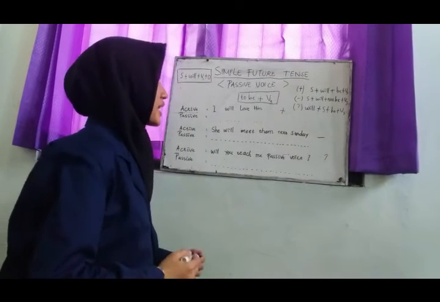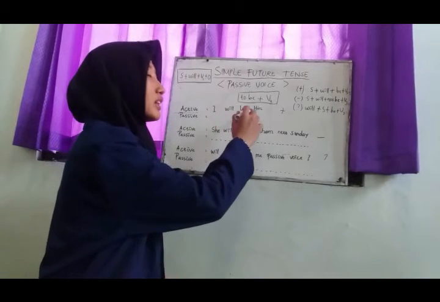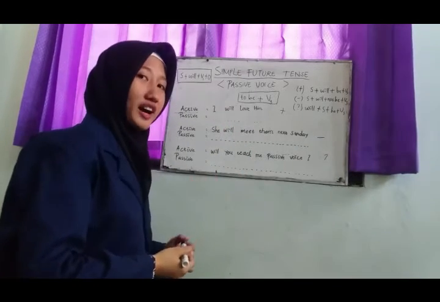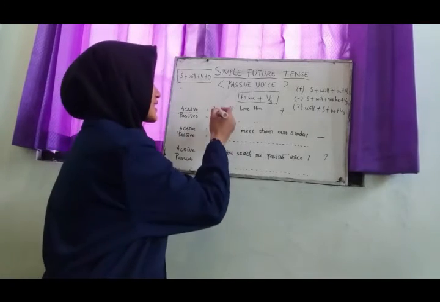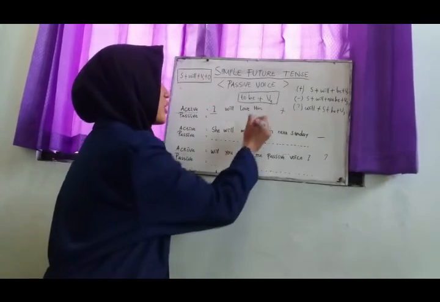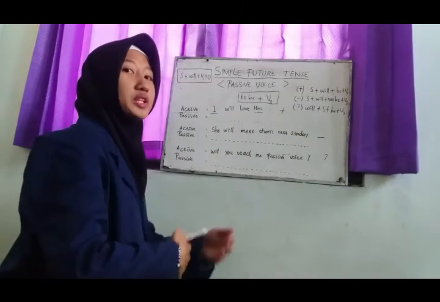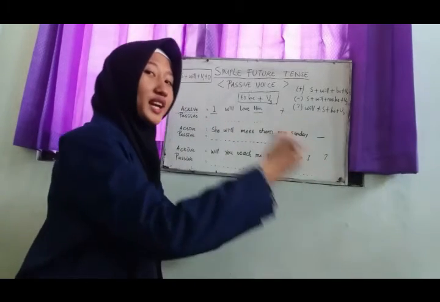We are going to change the first sentence here. I will love him. As usual, we need to find where's the subject and where is the object. The subject is I, the object is him. So we need to switch between subject and object. Subject into object and object into subject.